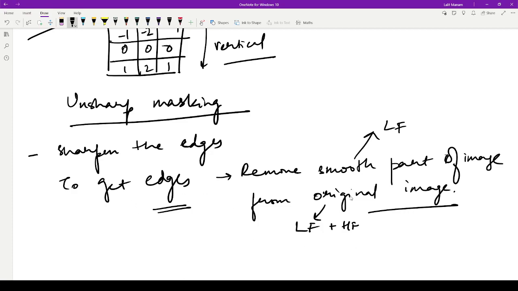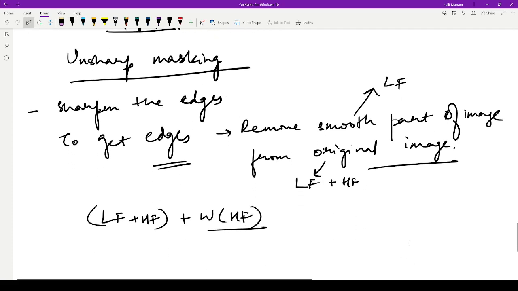So since you have this high frequency part, what do you do? Now you just add it to the original image. If you have the original image like this, and you add some weighted version of the high frequency part, that's all they do. This helps to enhance the edges in the image, which is very useful specifically for medical images, because things are not that clear in the originally captured image.